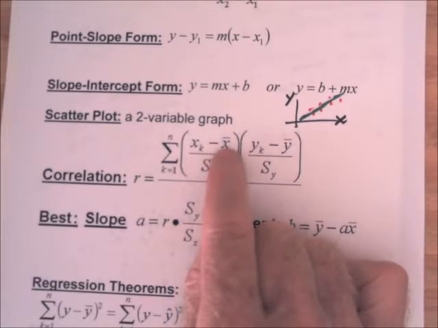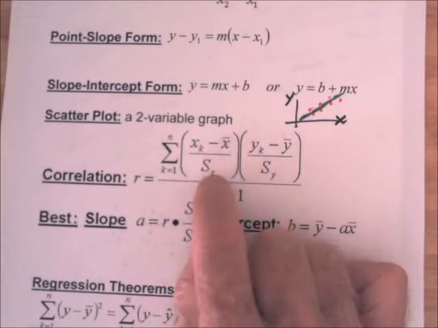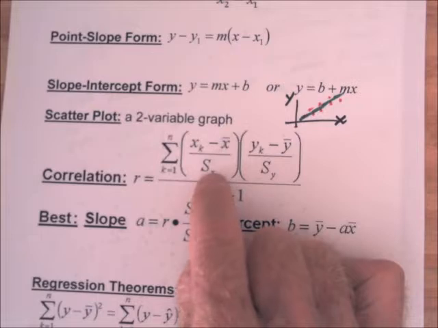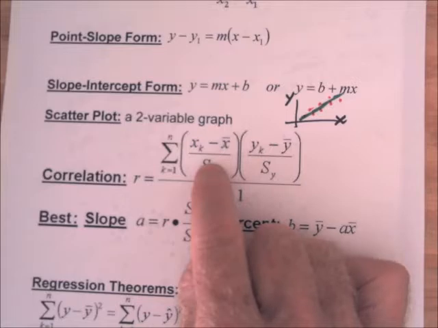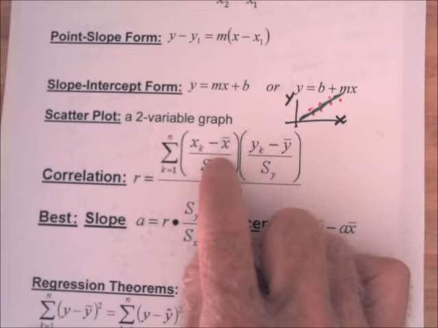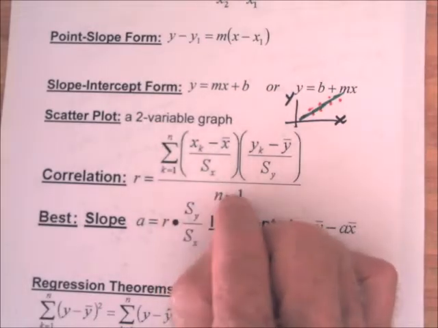And what's inside parentheses here are z-scores. A z-score is the score minus the mean divided by the standard deviation. So we have the z-score for x, compute that for each value of the variable, and then the z-score for y, multiply the two z-scores together, then add them up and divide by n minus 1.